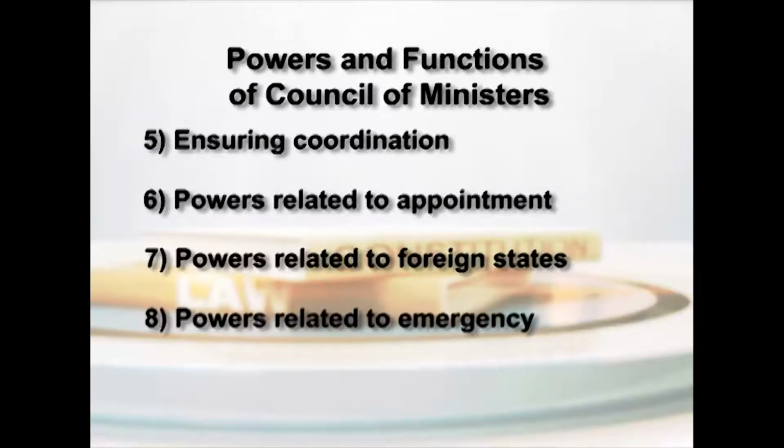Finally, we find the powers related to emergency. Though constitutionally the emergency powers are granted to the President of India, yet we find that the President can proclaim an emergency only on the advice of the Council of Ministers headed by the Prime Minister.